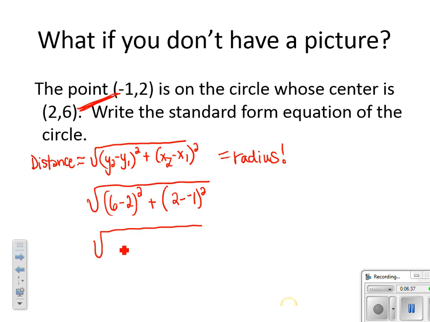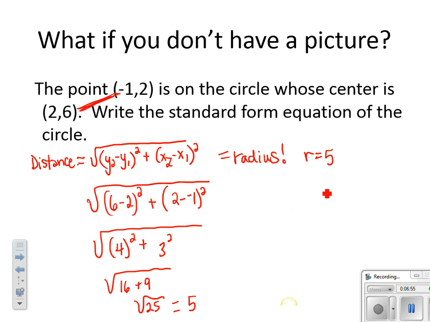So 6 minus 2 is 4 squared plus 2 minus a negative 1, which would be a 3 squared. So that'd be 16 plus 9, which is the square root of 25. The radius is 5. So it happens to be the same radius, but I got it by using the distance formula because I don't have a picture.